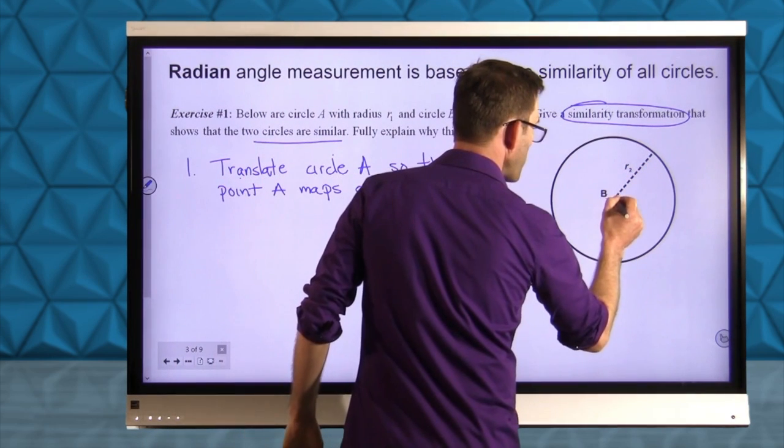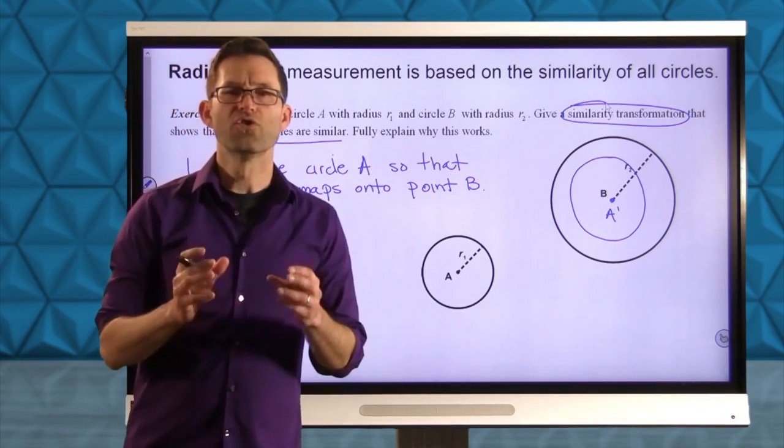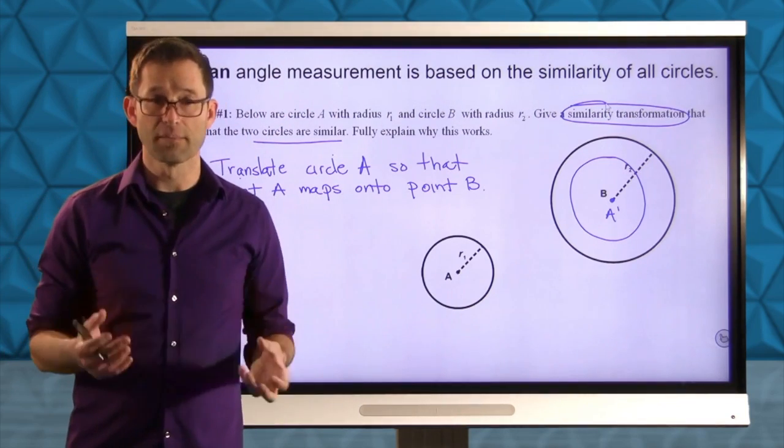And of course, what that would end up looking like, if I put, let's say, A prime right here, I'm just going to freehand sketch it in, is it would look something like that. The two circles now have the same center.